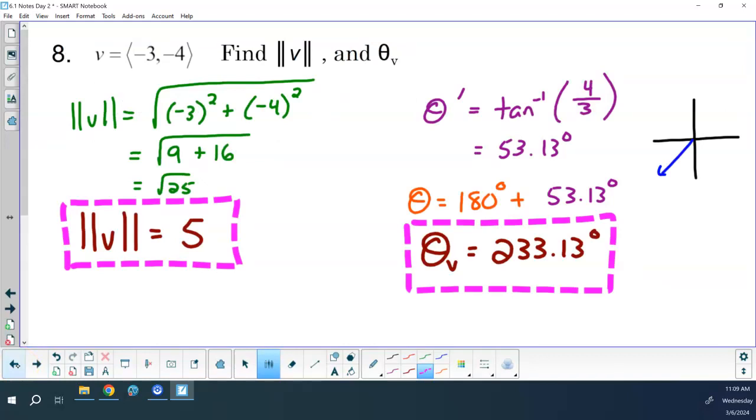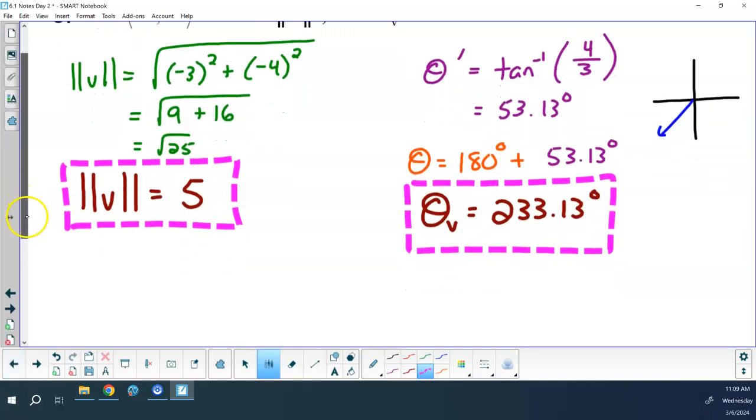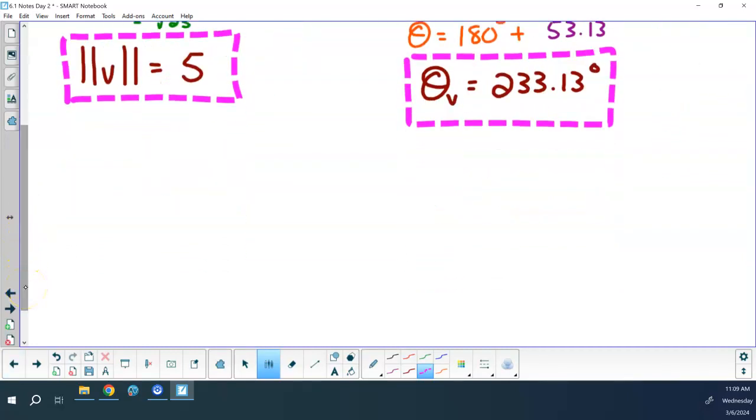If I wanted to transform vector v into a unit vector, well, my magnitude would be 1. So we'll call it vector u.